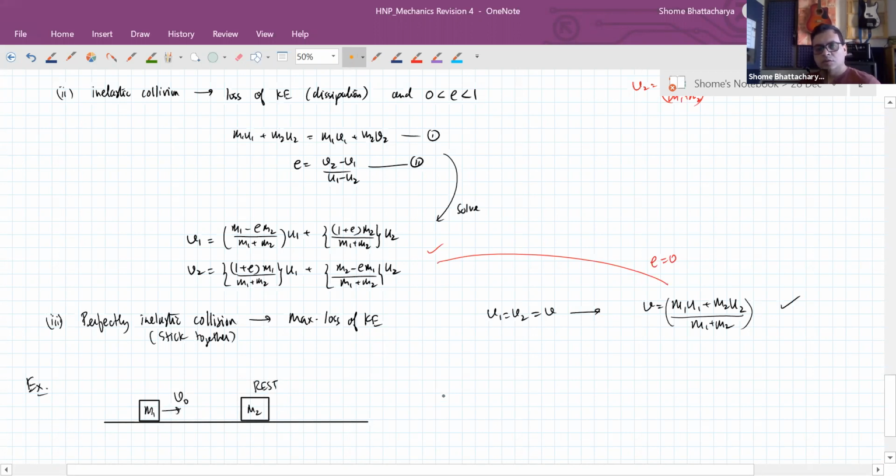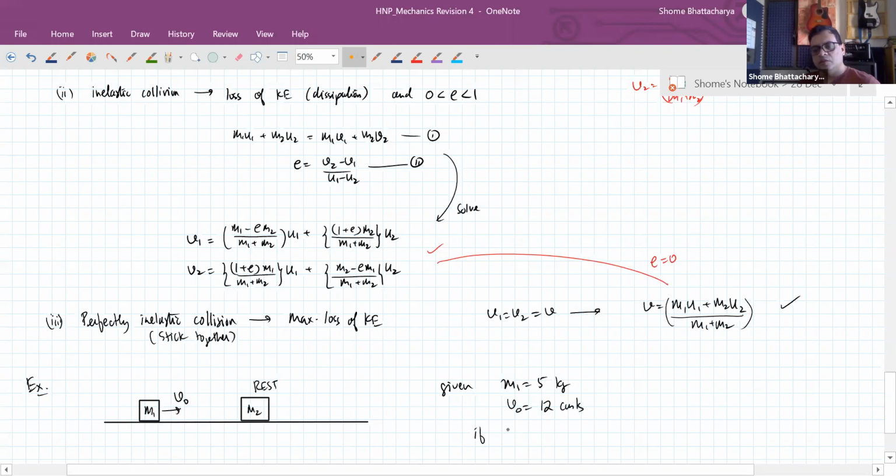Okay. So given m1 is equal to 5 kilograms, v0 is equal to 12 centimeters per second.